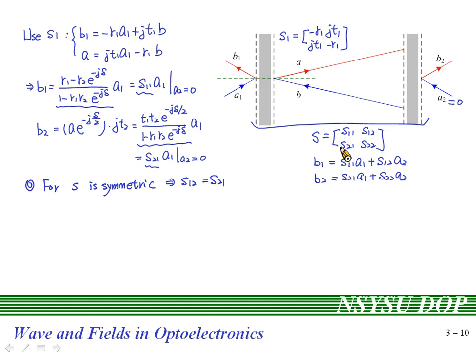Now we would like to obtain the expression of S22. How to find out S22? As you can see, by setting A2 to 0, we can obtain S11. So if you want to obtain S22, you can use the inverse process. That is, you set A1 to be 0, and following the same process, you will have S22 here.